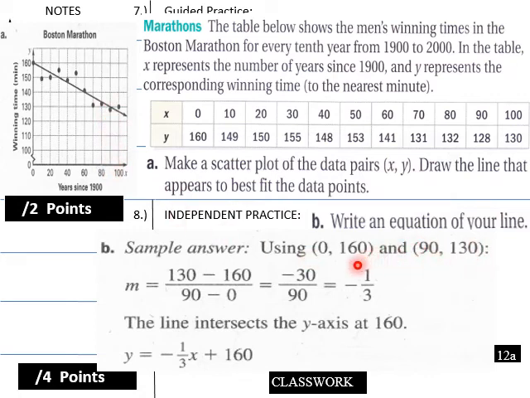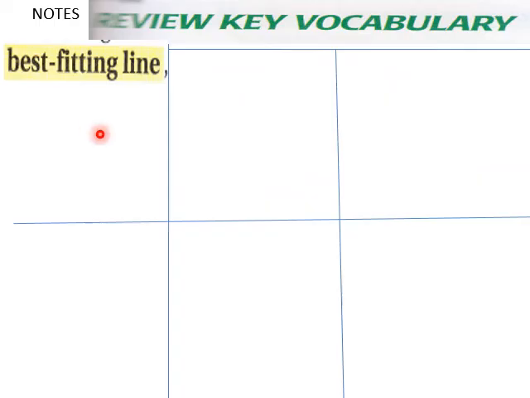We use that to figure our slope, which is negative 1/3, and we stick that in for m. The line intersects the y-axis at 160. That is our b. So y equals negative 1/3 x plus 160 would be an acceptable equation for this line.